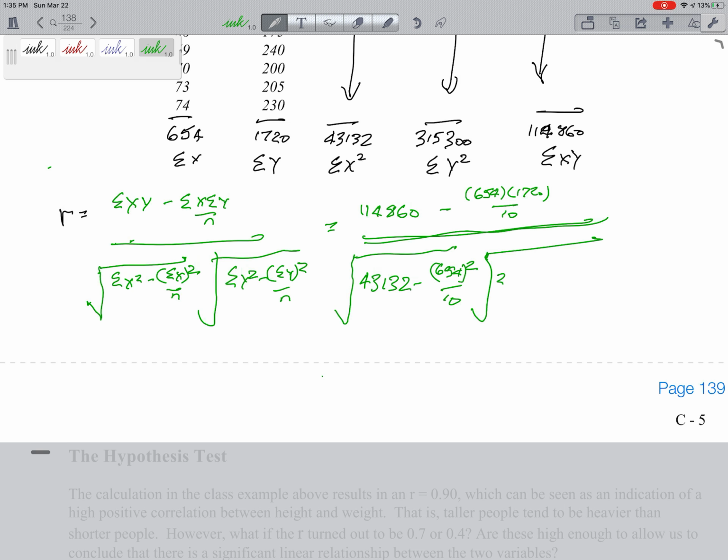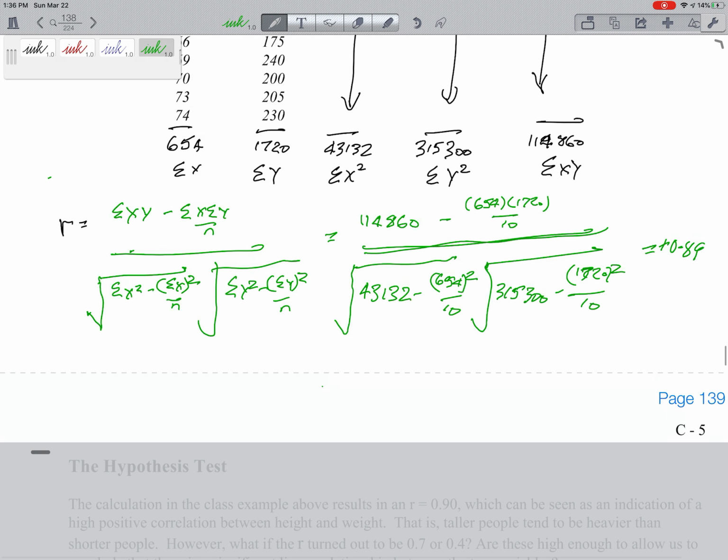So the sum of the y squares is 315,300 minus 1720, that's a 7, doesn't look like it, squared over 10. And when the smoke clears, you end up with positive 0.896. There we go.